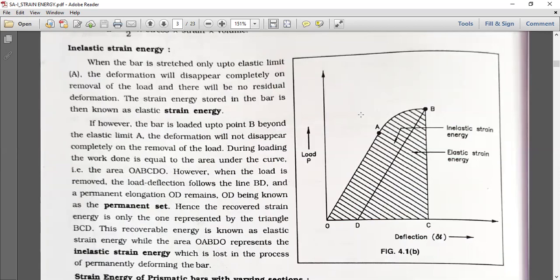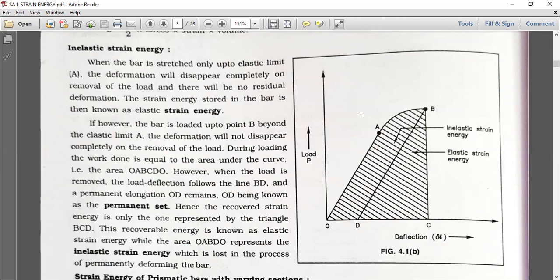When the load is removed, the load-deflection follows the line BD and a permanent elongation OD remains, OD being known as the permanent set.